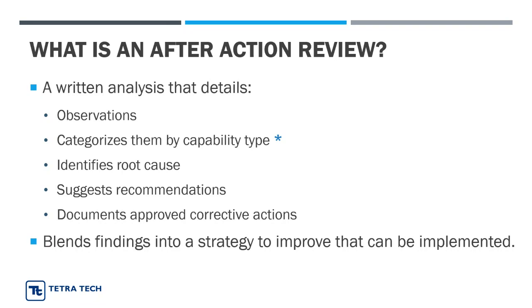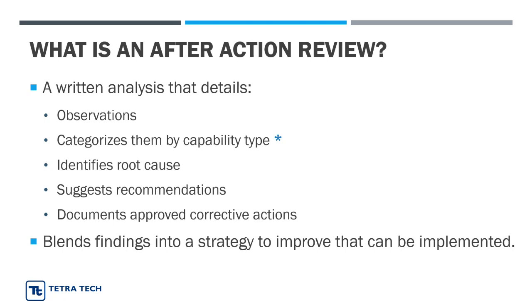Or you could categorize them based on the business model. For a private organization, maybe you categorize it based on the organizational structure. So one of the really beneficial things that people can do if they do not have an established set of capabilities that they utilize for planning and training, like Homeland Security does in public health and hospitals and some others, is they can actually outline those capabilities within their organization.